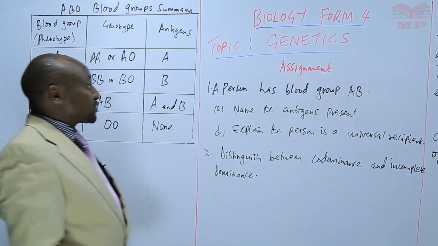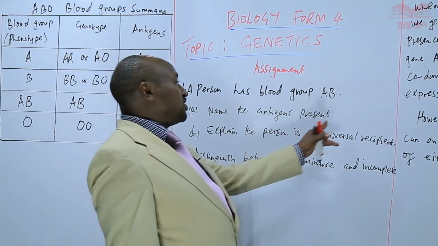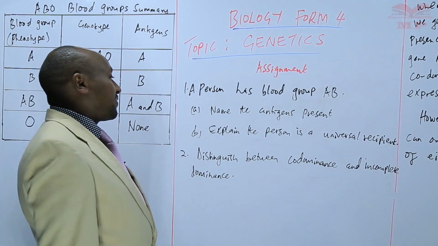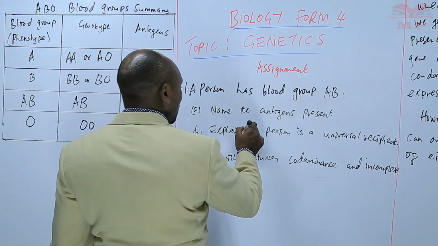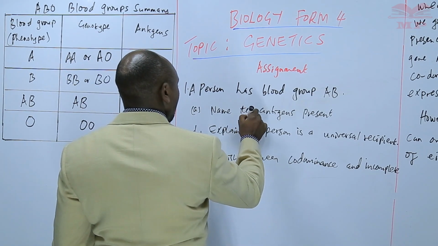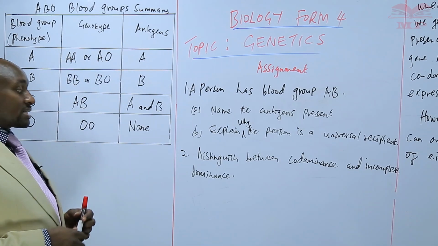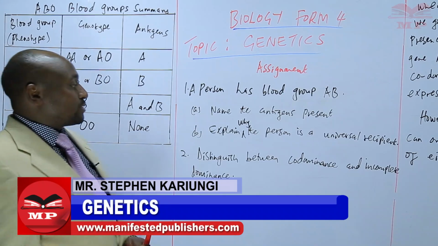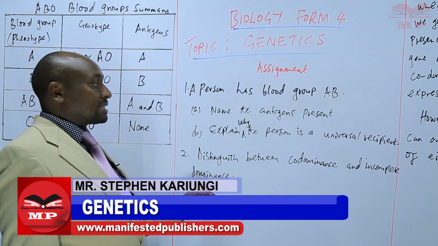We are told that a person has blood group AB. Then you are told to name the antigens that are present in that blood group. And B, explain why the person is a universal recipient. Number 2, distinguish between codominance that we have just learned and incomplete dominance learned earlier.